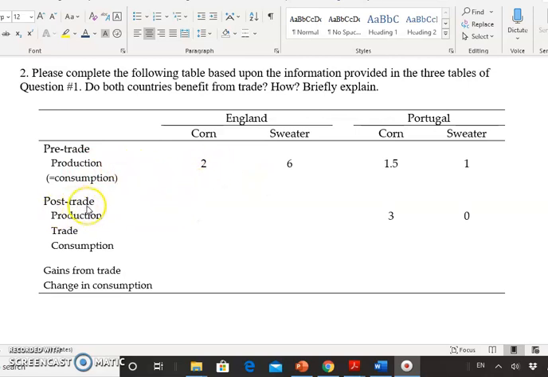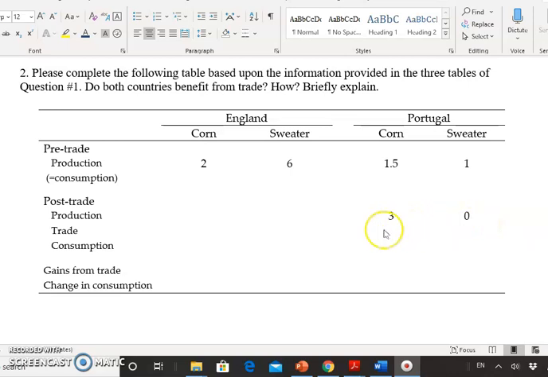Now post-trade, after they trade with each other, we can figure out how much they would like to produce because of their comparative advantage. We actually give you how much Portugal would like to produce here: 3 corns and 0 sweaters.